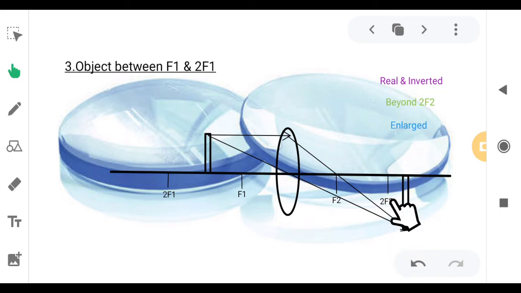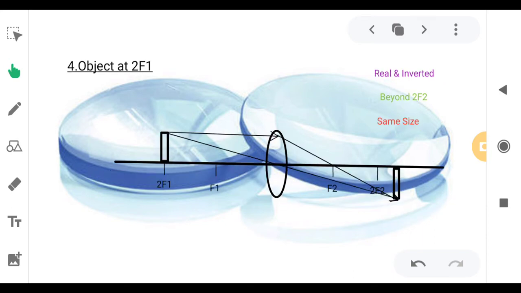If we place a rectangular cloth beyond 2f2 where the light falls, we will see the image formed, enlarged, real and inverted.